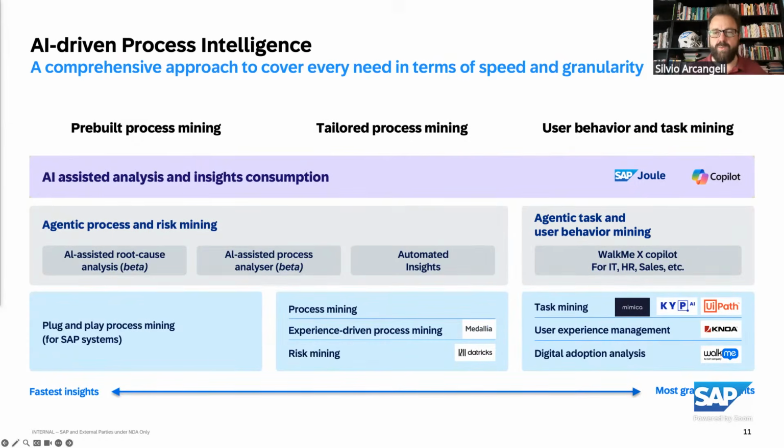Across all of these, we are now building agentic user flows to facilitate the adoption of process analysis and mining technologies, which will all then get subsumed into Joule for end-to-end unified user experience across SAP.